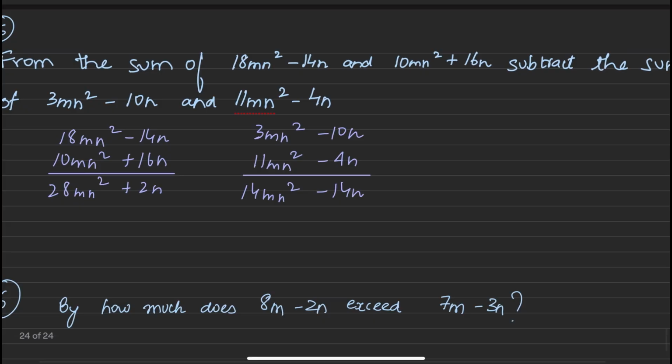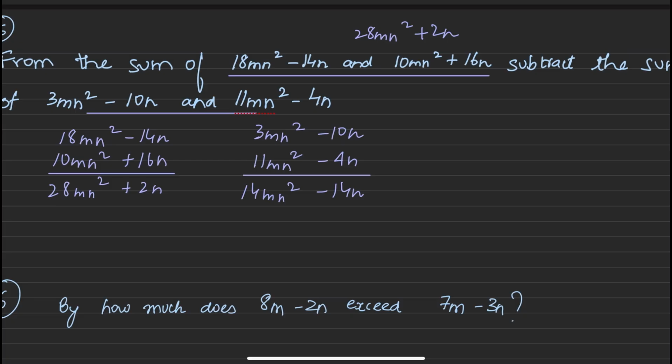Okay. So the sum of these two is how much? 28mn square plus 2n. And the sum of these two is 14. Okay, I'm not writing it because it will become too congested.